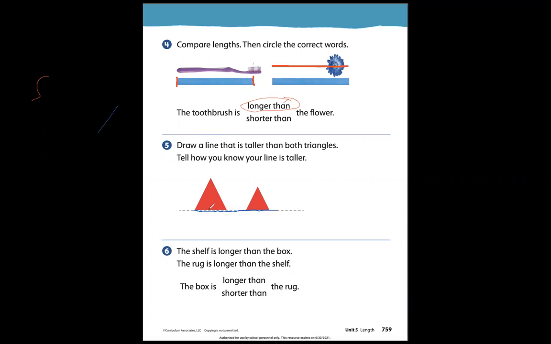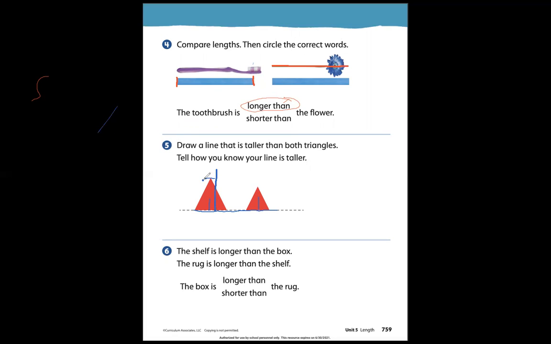If I draw a line here, is this line taller than this triangle? No. If I draw a line here, is this line taller than the triangle? No. I need to have a line that is taller than both triangles.